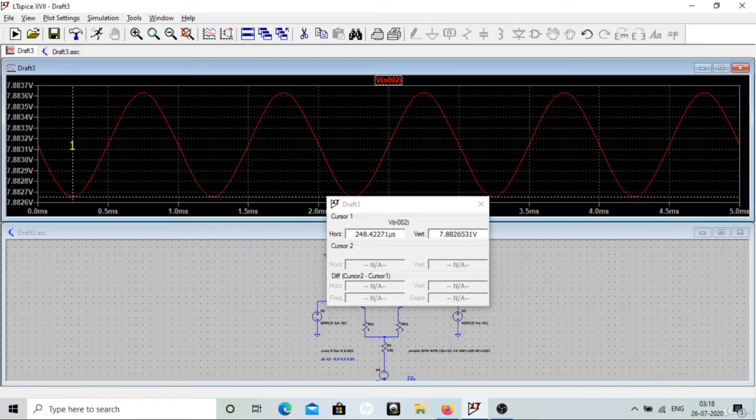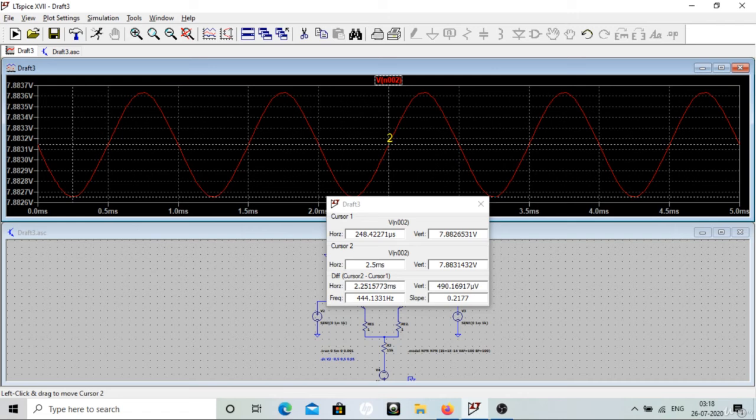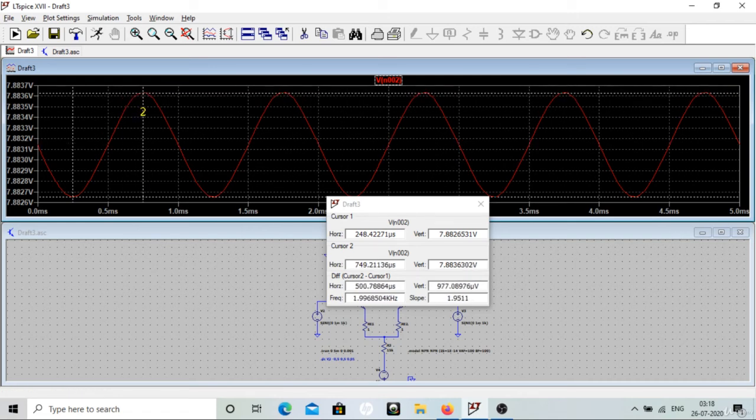The minimum value is around 7.8, let's say. Another cursor I'll keep somewhere here. The maximum you are getting is around 7.88 something, and you can see the difference is of microvolt.